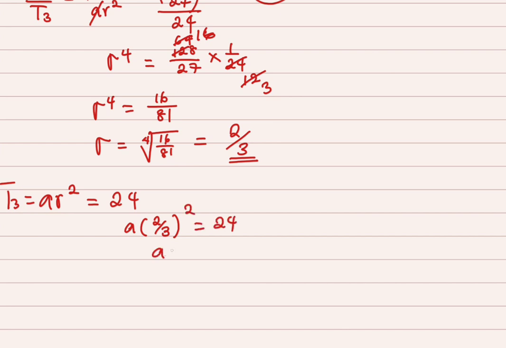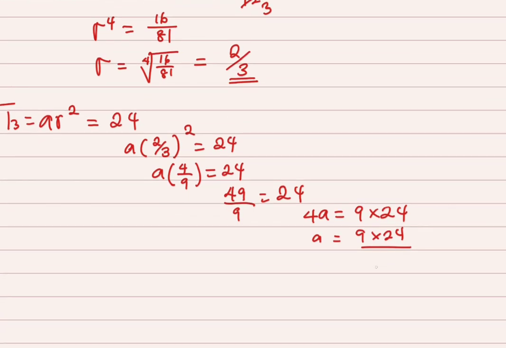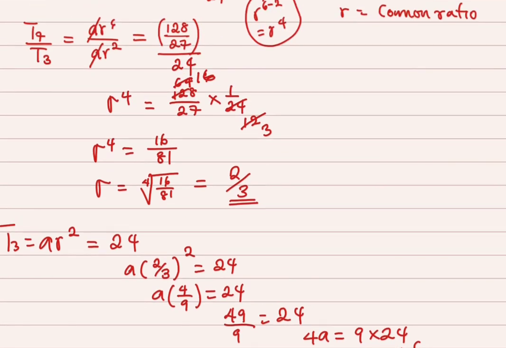This is a times 4/9 equals 24. So 4a over 9 equals 24, so 4a equals 9 times 24. So a is 9 times 24 all over 4, which gives 54. So we've gotten that. We are moving.